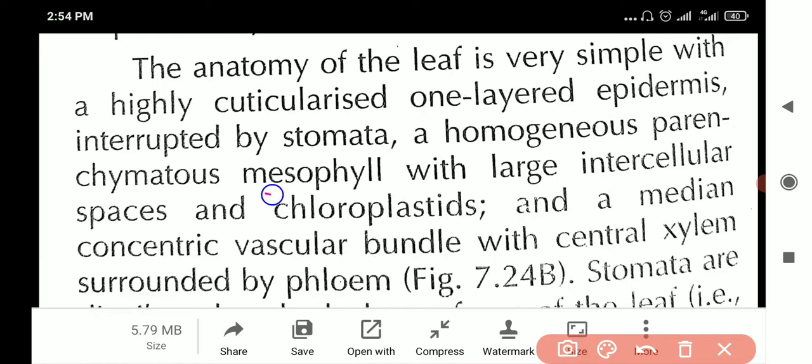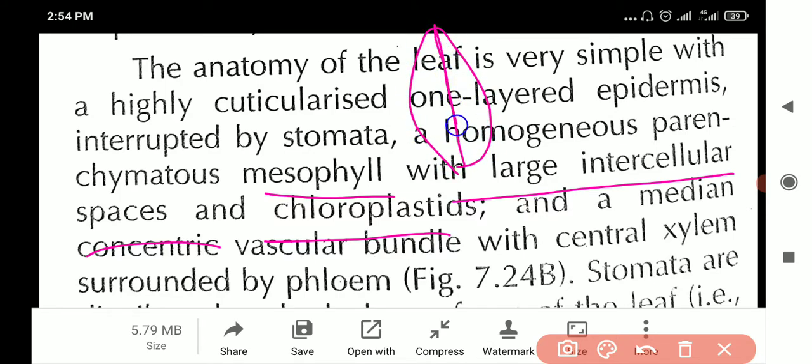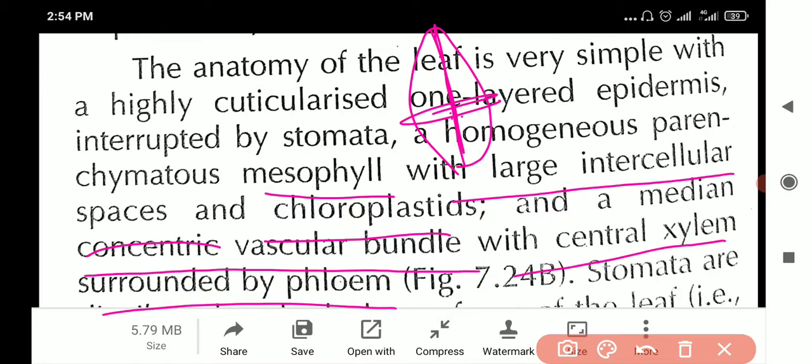So the mesophyll cells have large intercellular spaces and chloroplastids are present. Obviously plastids have to be present so that they can manufacture food. And remember, I told you that the leaf has just one median vein. If you cut this median vein, you will notice that it has a concentric vascular bundle, with central xylem surrounded by phloem.